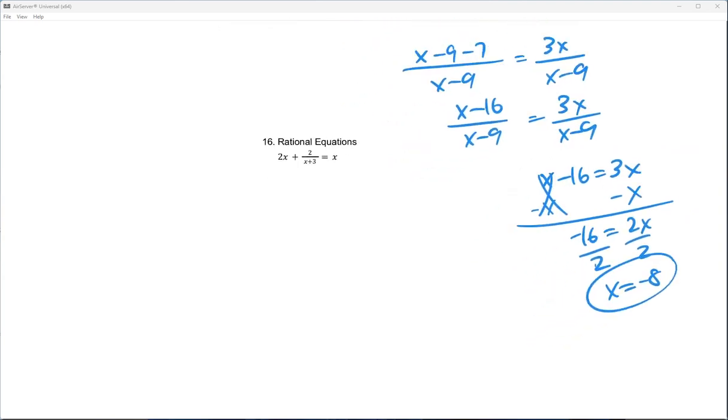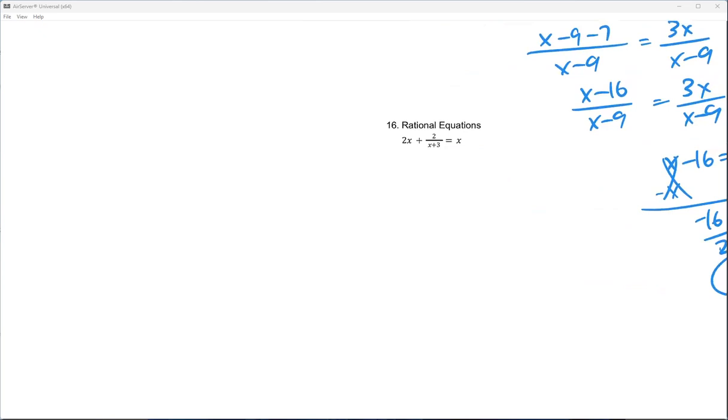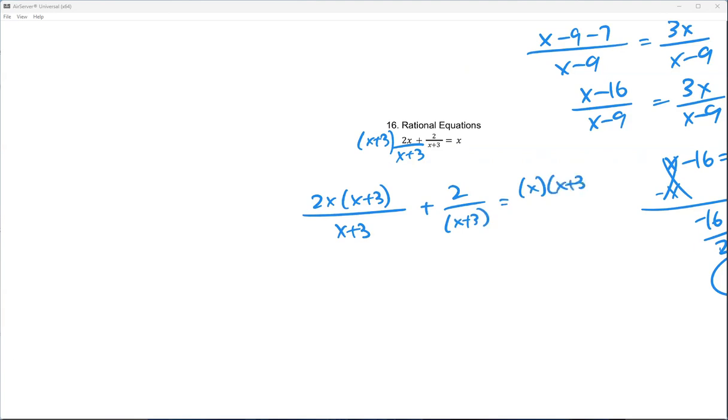And last but not least, number 16, you're putting in the x plus 3 here. So you have to do it to the top and bottom. So it will be 2x times x plus 3 over x plus 3 plus 2 over x plus 3 equals x times x plus 3 over x plus 3.